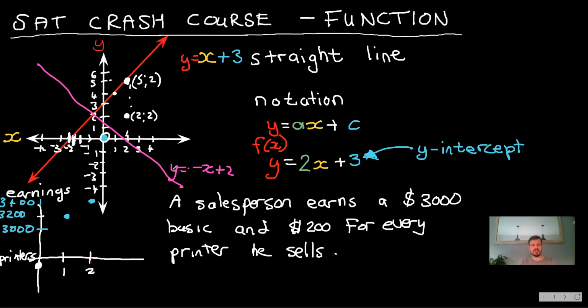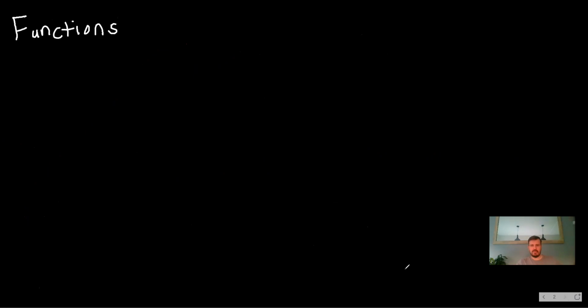So instead of calling it y, they could call this one g of x, and the red one they call f of x. That's just the name of the straight line or the parabola. So it means we can have more than one.